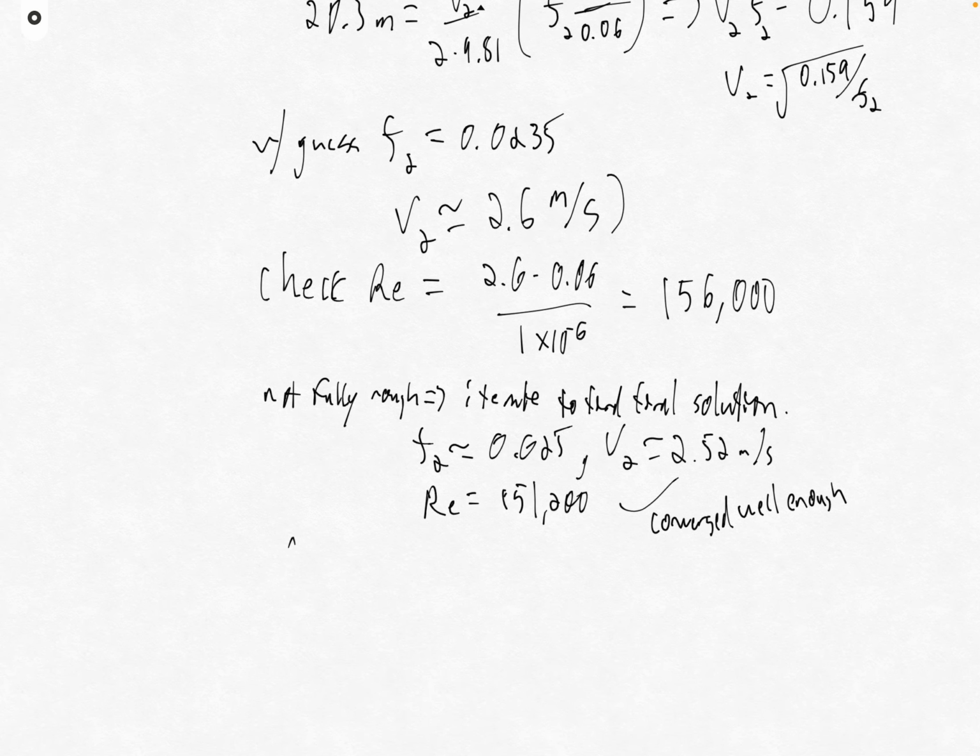So now to find Q2, this is going to be pi over 4 times 0.06 squared times 2.52, 3.14 divided by 4 times 0.06 squared times 2.52.